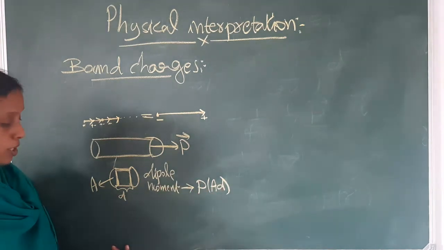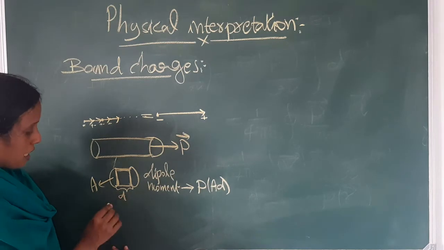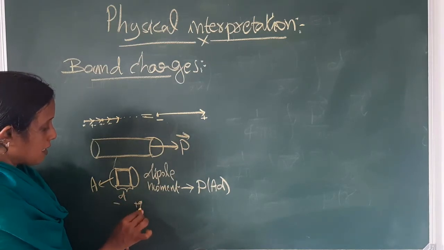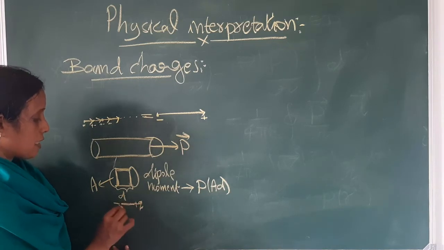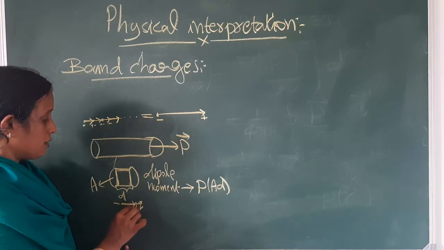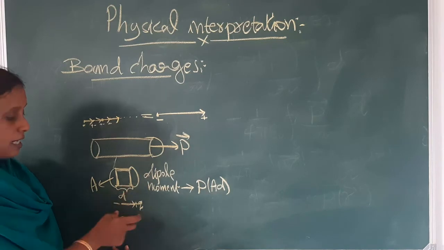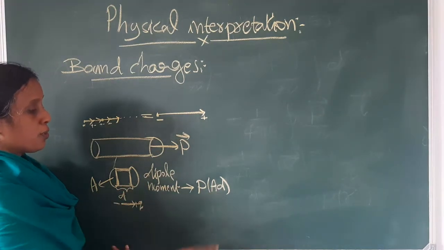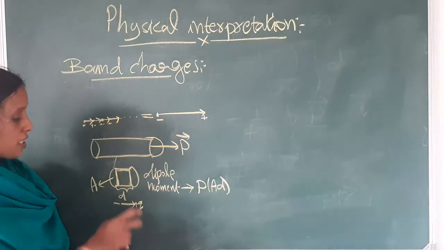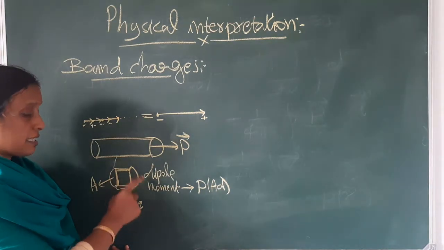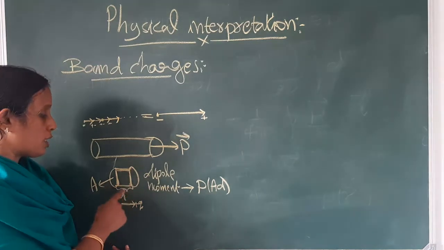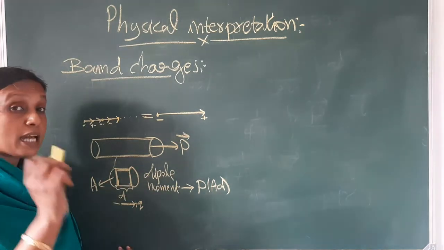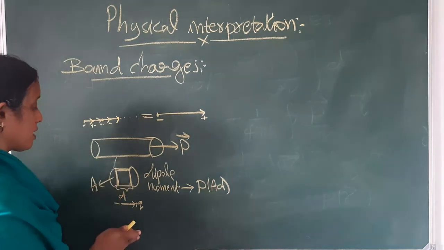This object looks like two charges separated by a distance. This is the dipole. The dipole moment is given by P times A times d. So you can see that the bound charges reside on the surface of the polarized object in the case of uniform polarization.